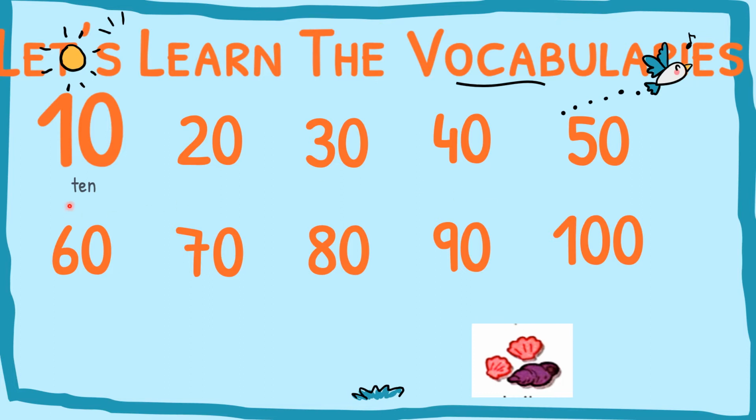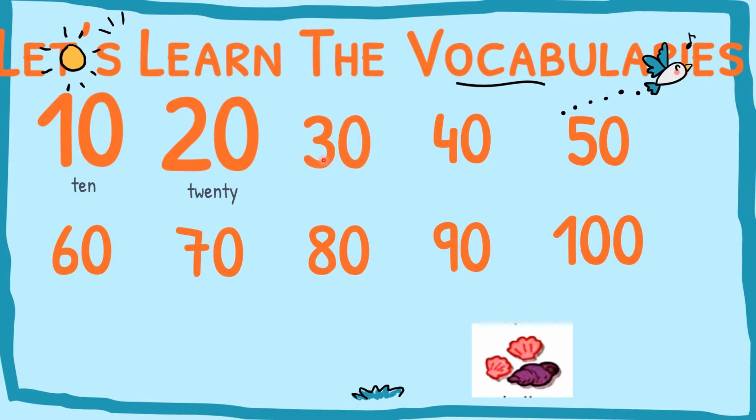T-E-N, 10. Next number: what number is this? 20. Can you spell 20? T-W-E-N-T-Y, 20.